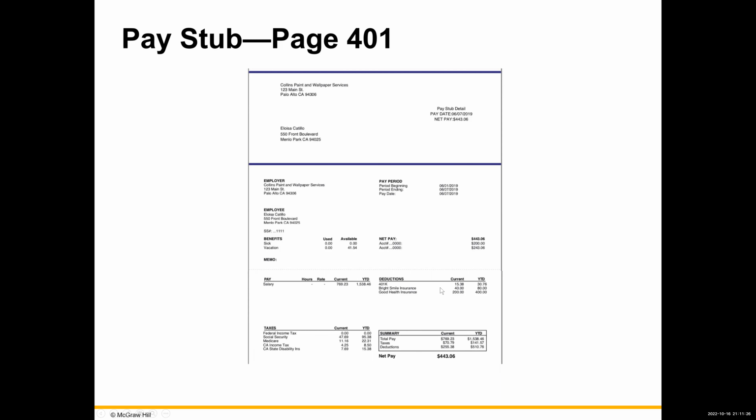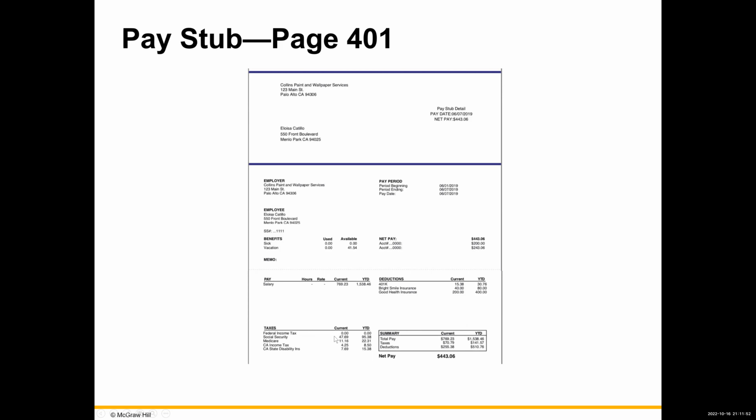And then we have the taxes that we were talking about. Remember that other video? I said the withholdings from an employee's check are FIT, SIT, FICA, SDI. It's easy. Well, here's FIT, federal income tax. Wow, it doesn't look like anything was taken out there.